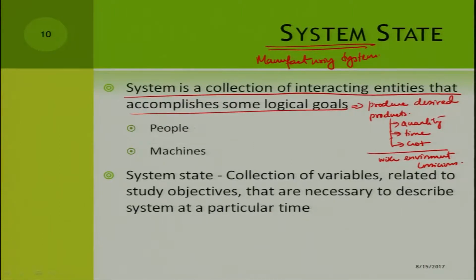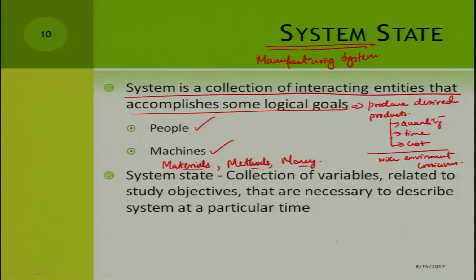And to do this, we have people, machines, materials, methods, money, etc. For the time being, we are basically looking at people and machines to begin with, and then we will look into materials, methods and other aspects later down the road. So there are many aspects to the system, many interacting entities: people, machines, materials, methods, money.